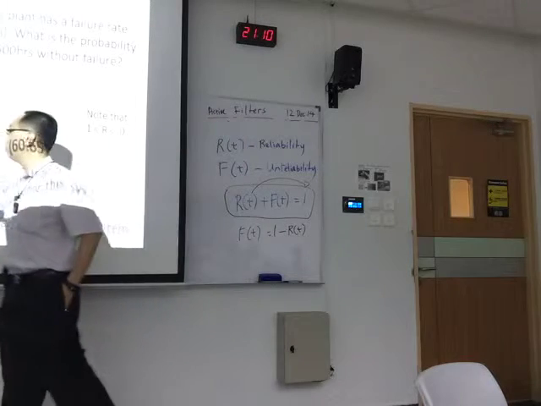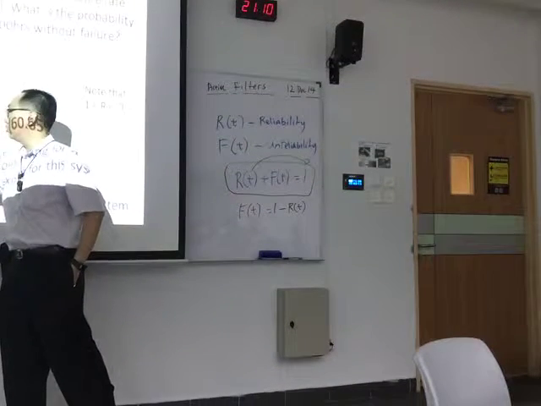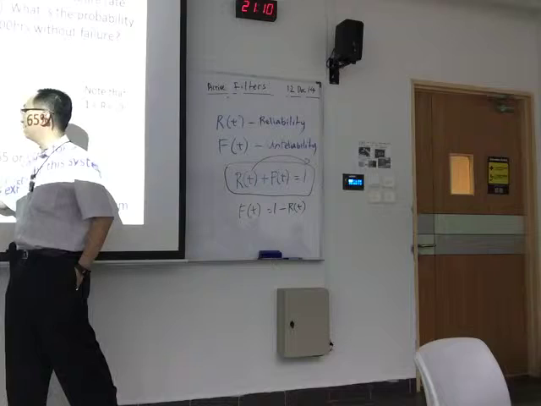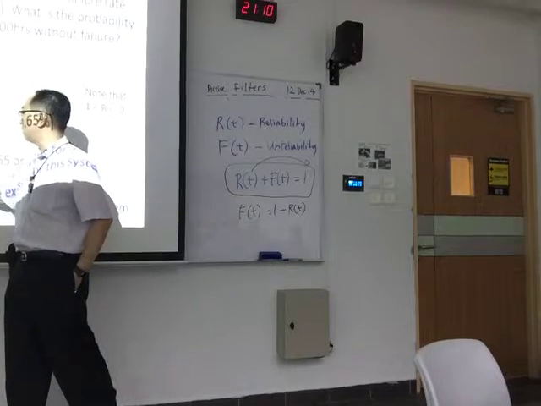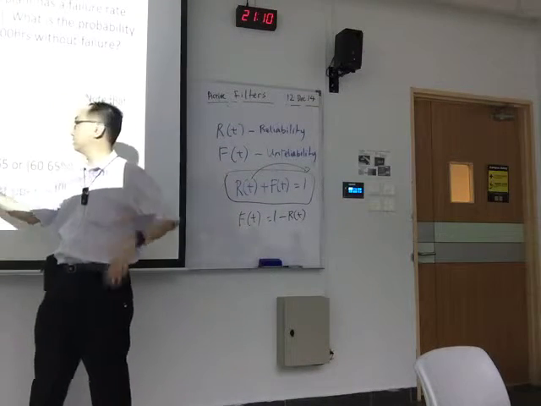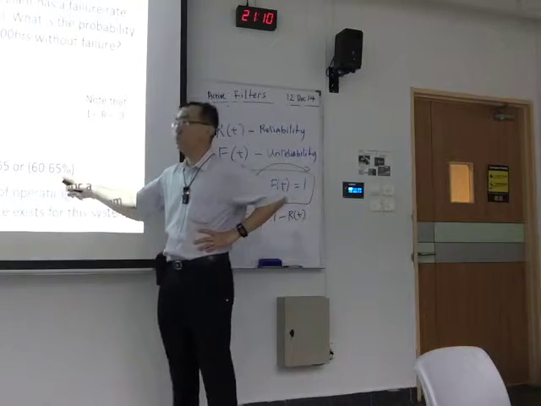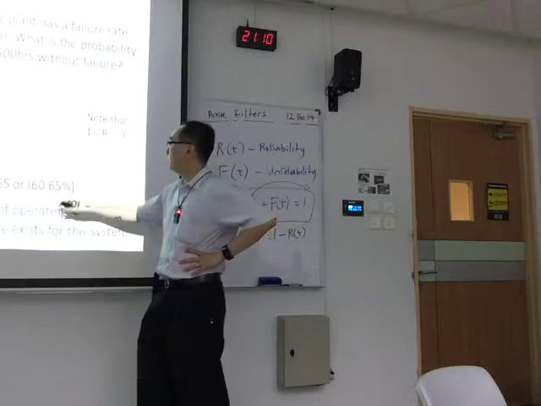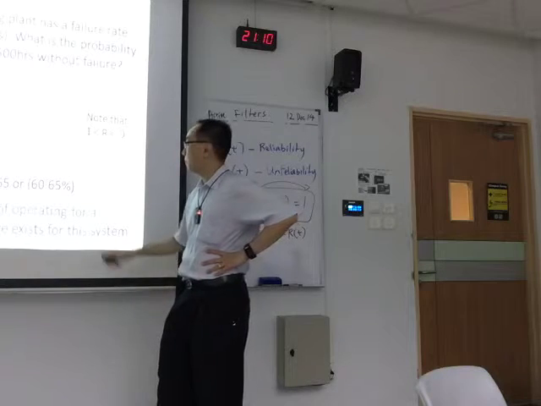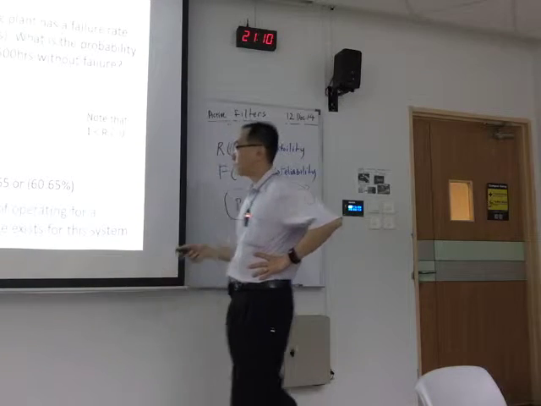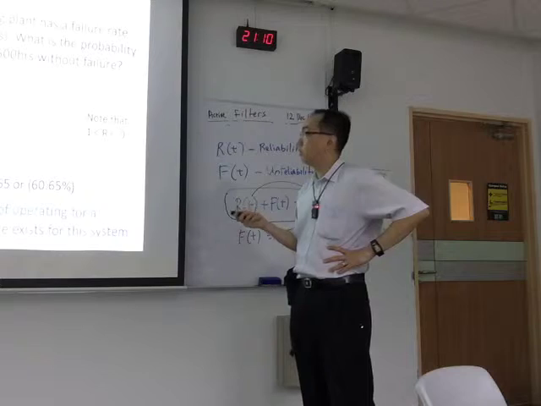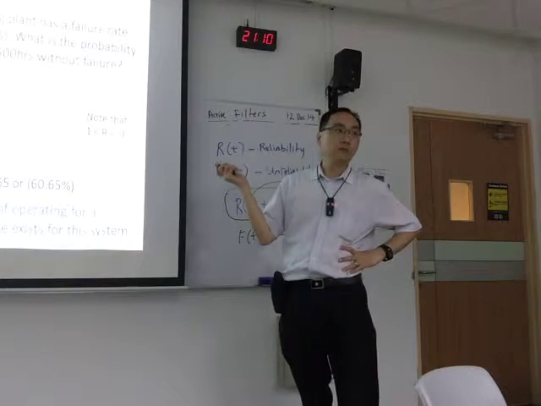R(500) equals e to the minus this number times the time, how long you test. So there is a probability of 60.65% that this item is reliable, without failure. Any question on this one?